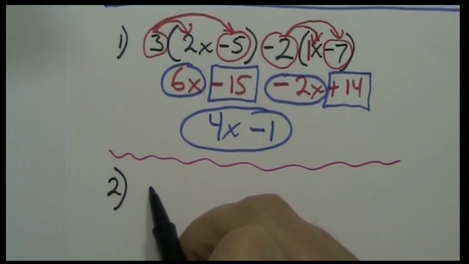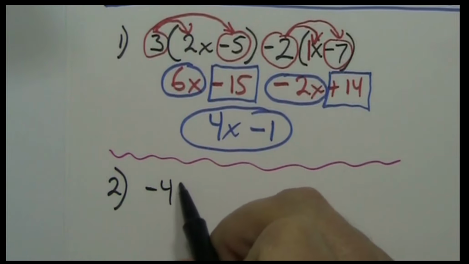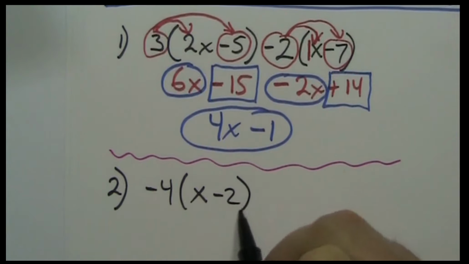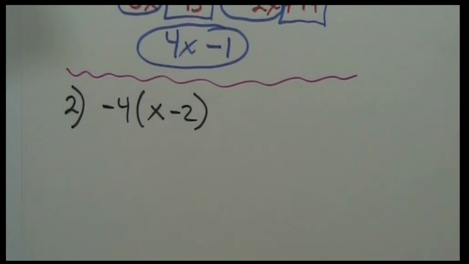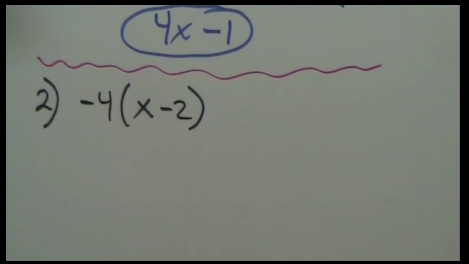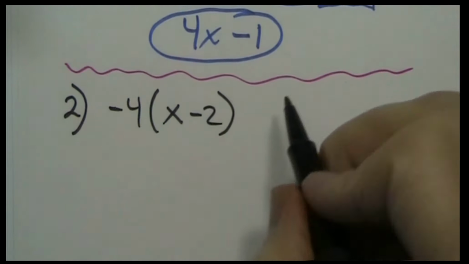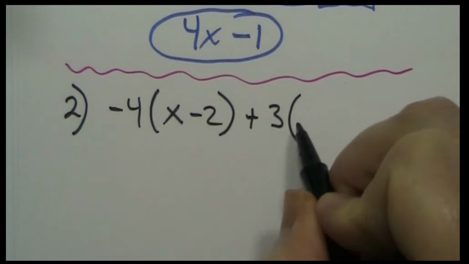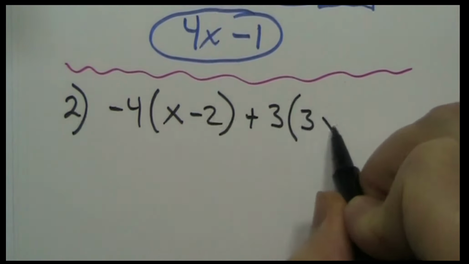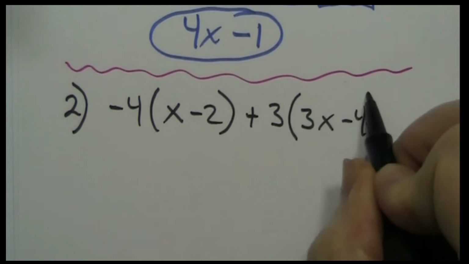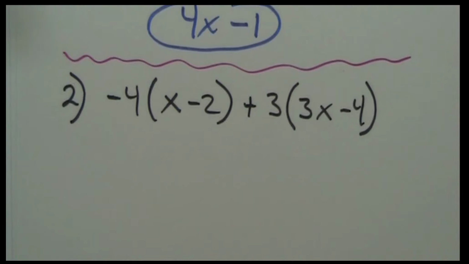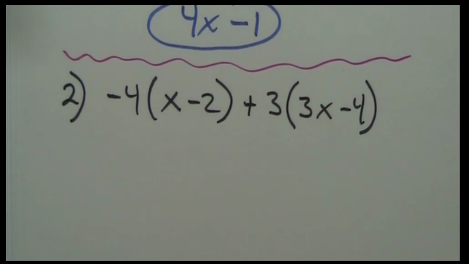Okay, number 2, we have negative 4, parentheses. Okay, I don't need to say it, you can see it. Okay, so what we want to do is, our first step is to use distributive property.